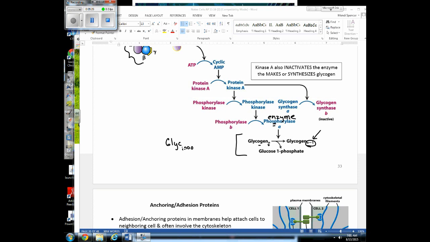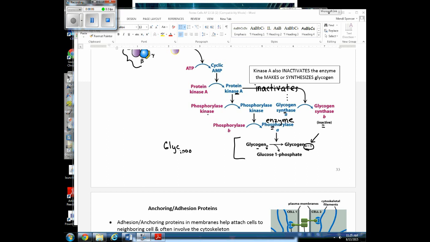Now, I like this diagram because it shows you that one enzyme can have many different jobs. So here, protein kinase A is activating this molecule, but it's making this molecule right here inactive. So protein kinase A is inactivating this glycogen synthase A molecule. That's why it's showing you that it is now inactive.